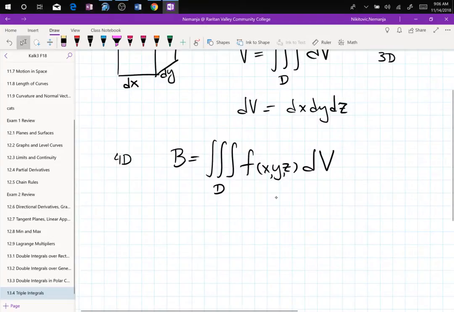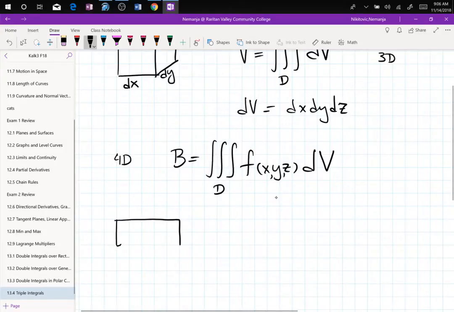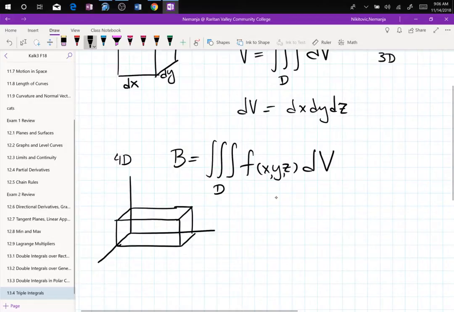So we can think of the rectangular integrals where in the 3D realm we have our x, we have our y, we have our z.